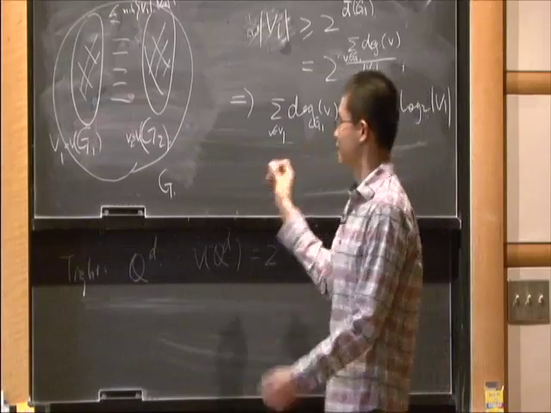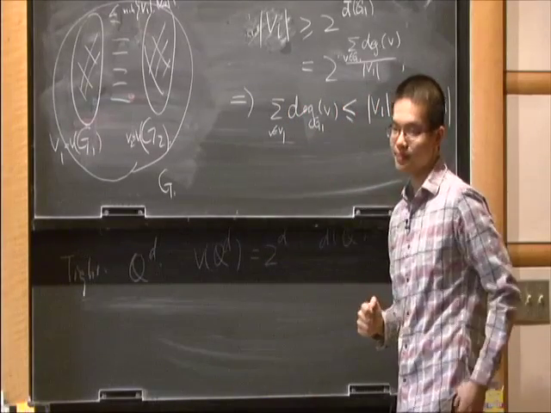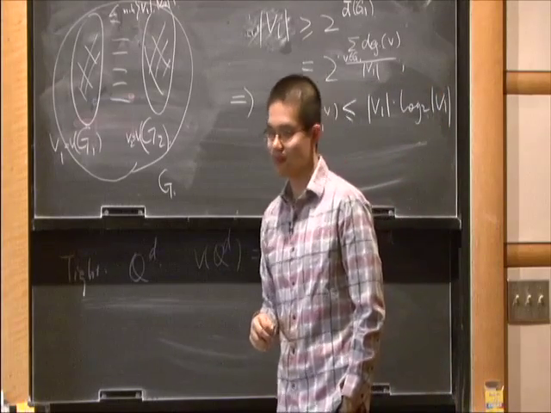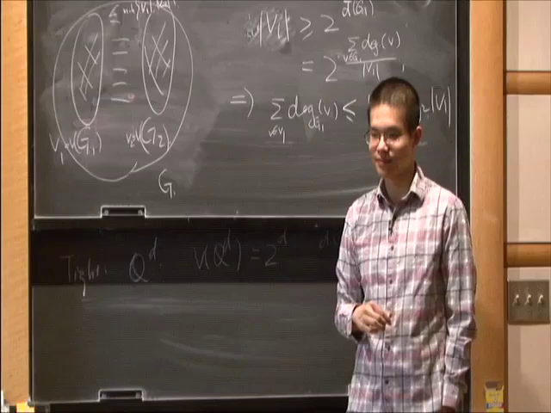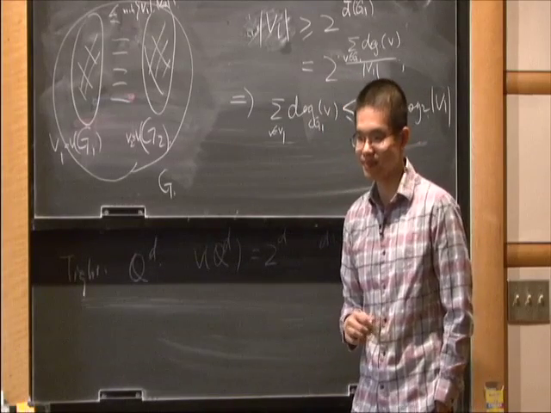You're really proving this by induction: for any subgraph of the cube, the total degree inside is at most the number of vertices times log of the number of vertices.